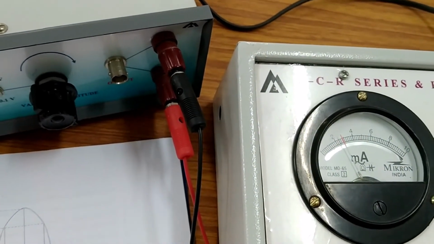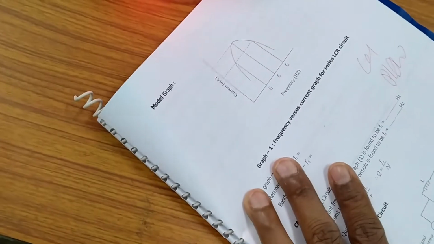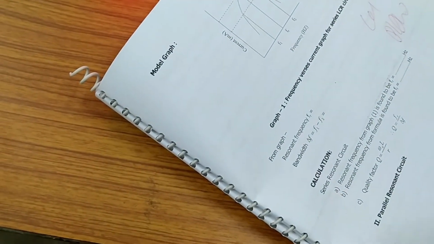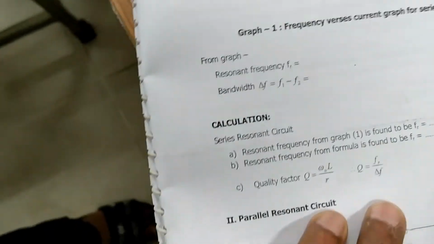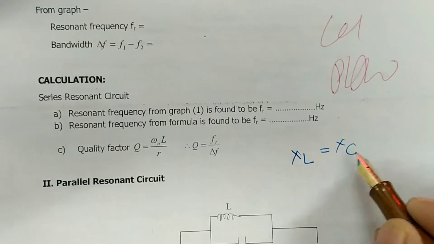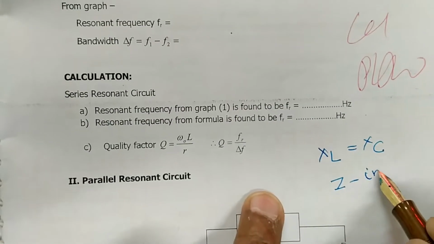Before taking the readings, I know that at the resonant frequency, XL, the inductive reactance, is equal to XC. These are called reactances, but Z is called impedance.